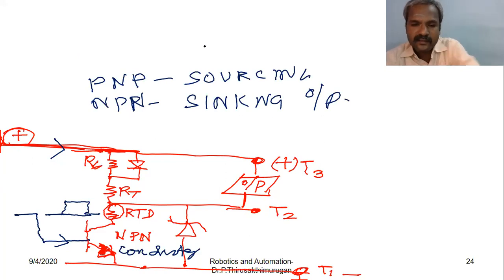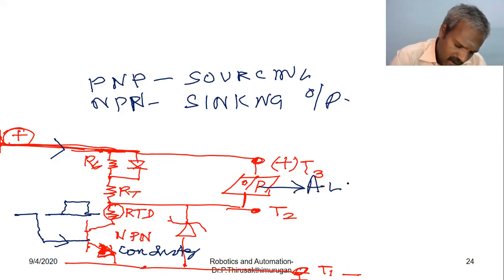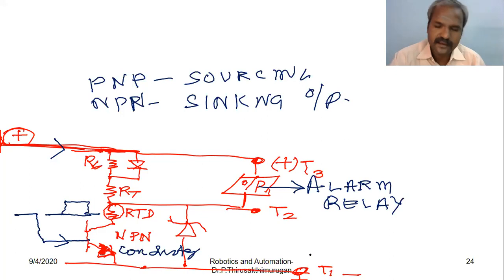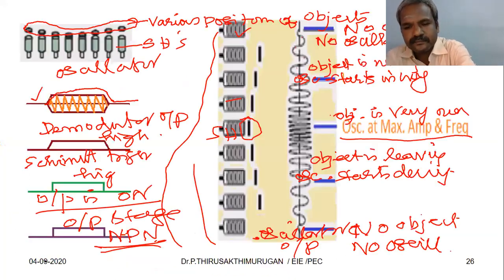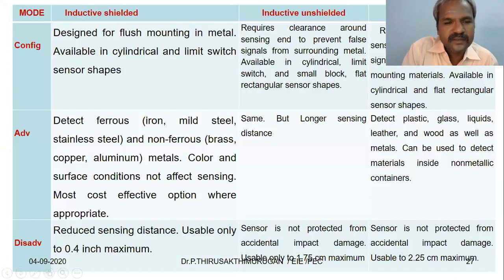The output may be an alarm or relay, even an annunciator, and other switching devices. Clear? This is about the capacitive proximity sensor.